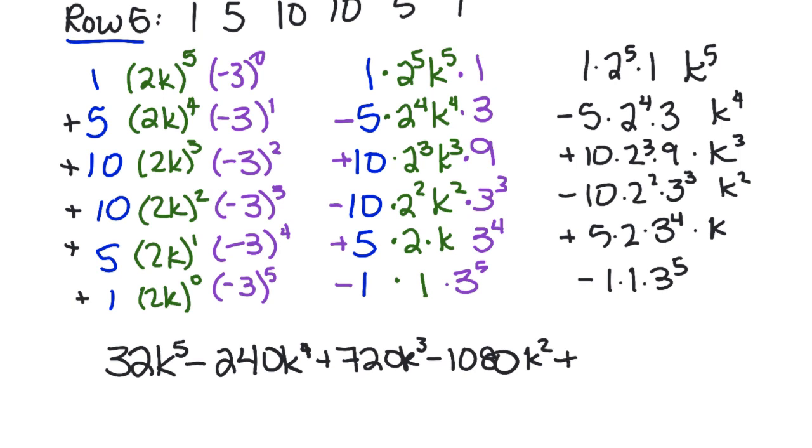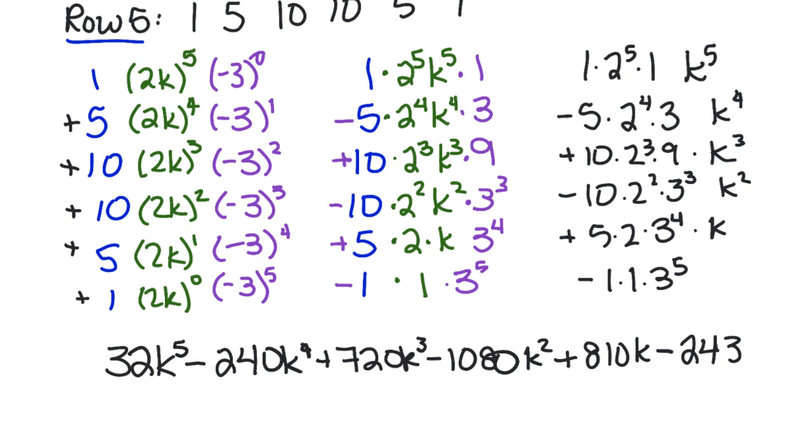And then we have 5 times 2 times 3 to the 4th. So 5 times 2 times 3 to the 4th. So 810. And then it's minus 1 times 1 times 3 to the 5th. So we get 243.